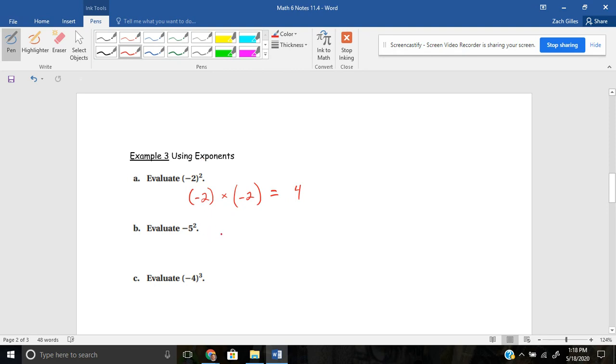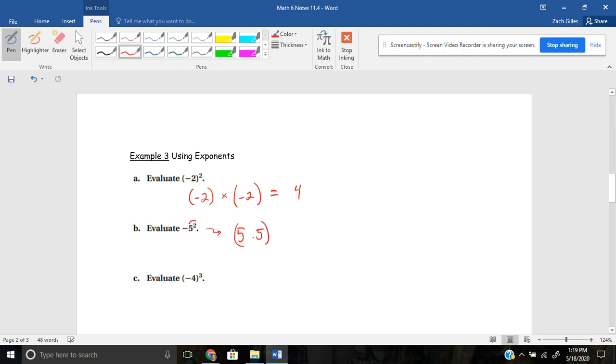Okay, for letter B, it's a little bit different because notice we don't have these parentheses like we did up here. What this problem is saying is 5 squared and the opposite of that. Okay, so first you do 5 times 5.